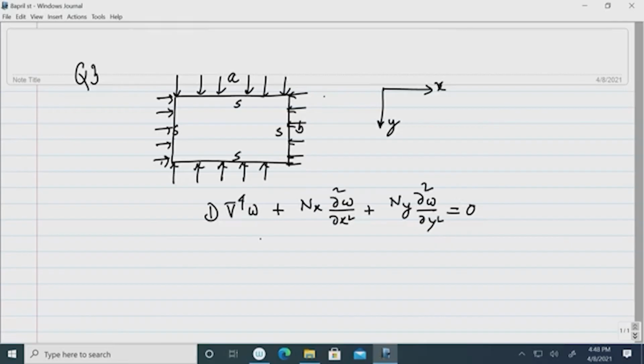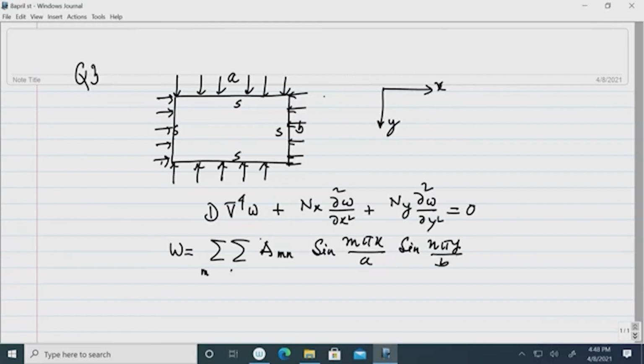Okay. Now, for this plate which is simply supported on all edges, we use this Navier series. And m and n are integers, which may vary from 1 to infinity.